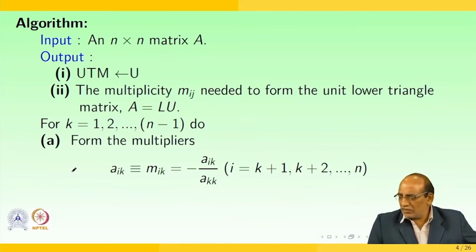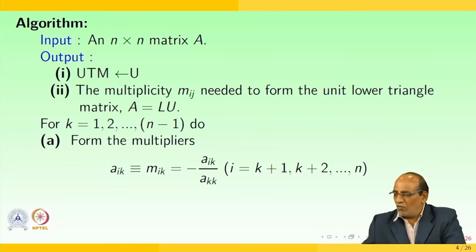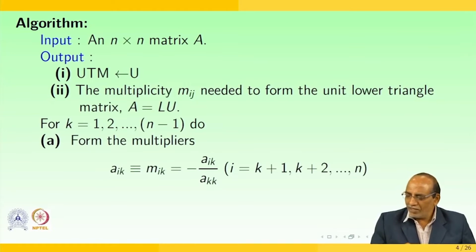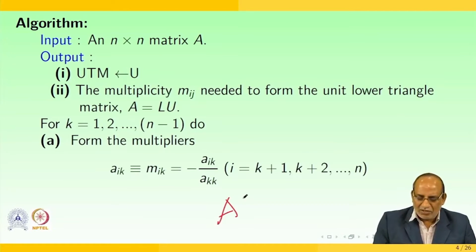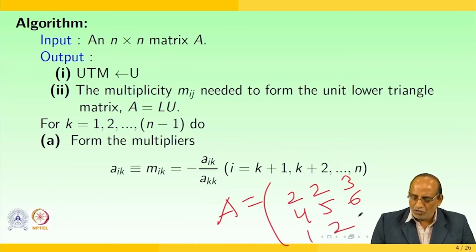Now let us quickly recall some of the examples. What are the variants of this matrix? For example, let's say A is the matrix 2, 2, 3; 4, 5, 6; 1, 2, 4.